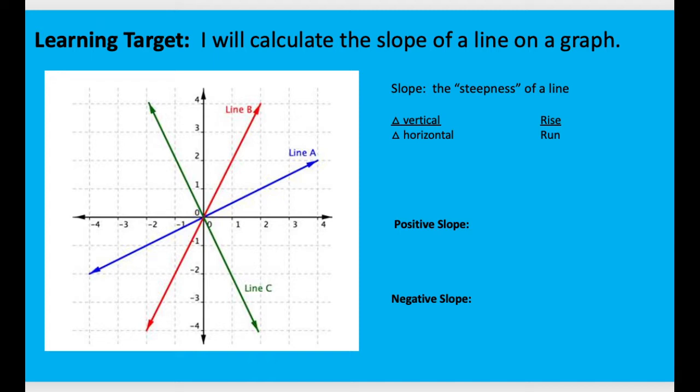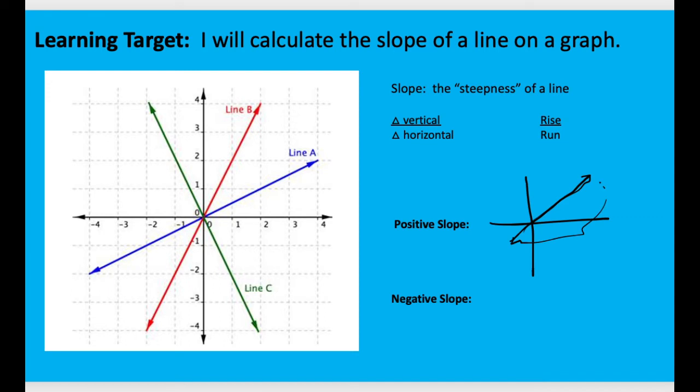I'm going to draw a quick sketch of what it looks like when you have a line with a positive slope, which both of those lines do. This is my coordinate plane. It's a line that's going to start in the bottom left corner and go upward to the top right corner. That would be an example of a line with a positive slope.